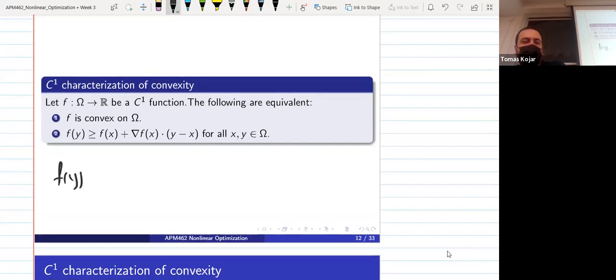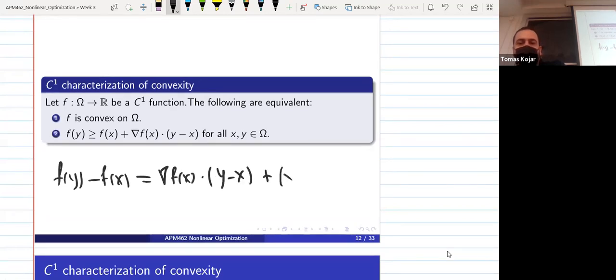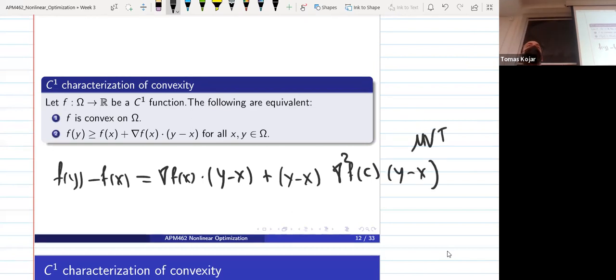I'm not going to use it here, I'm going to have another proof, but just remember what it was: we had y minus x, Hessian at some point c. This was the mean value theorem. And this guy over here, we're going to prove three slides later that it's non-negative.